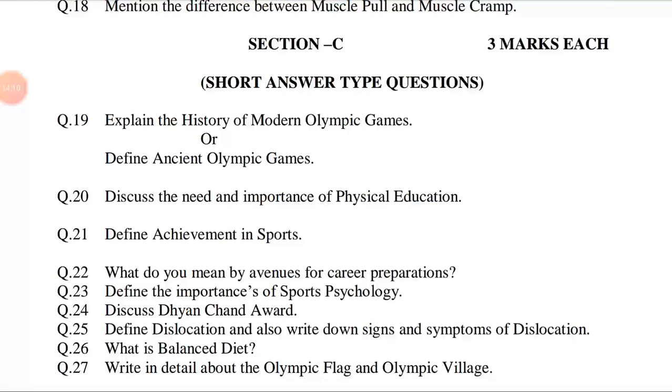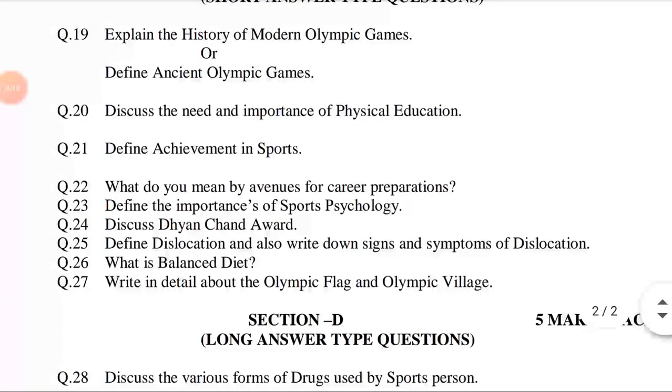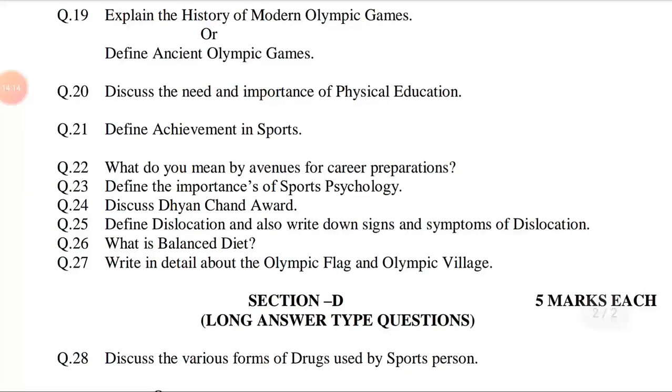Or define ancient Olympic Games. This question is also related to chapter number 8, Olympic Games. Define means explain, state, establish. Ancient means earliest, very old, existed for long time.